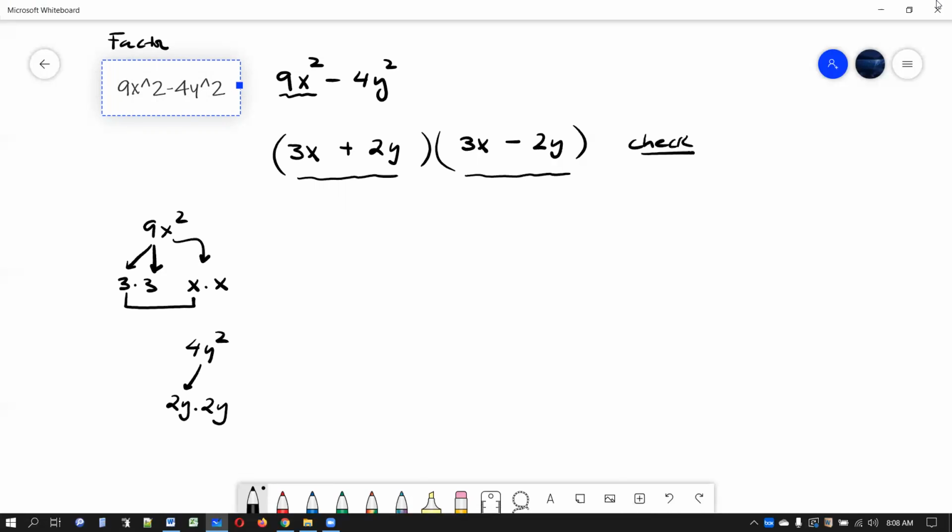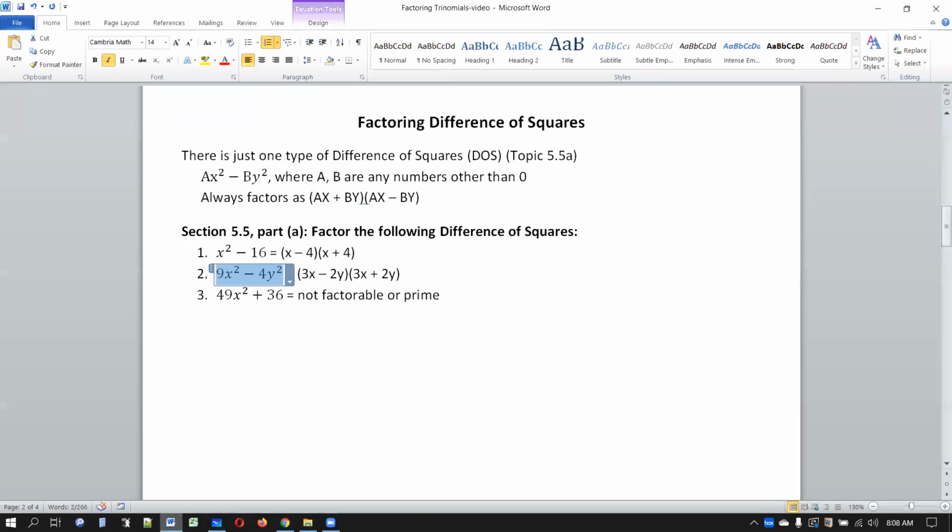I am not going to check it here now, but you can check that this product is exactly equal to that by foiling, right? You can foil and you will get the exact same answer as before. Okay, so difference of squares again. It's very quick and it's very hard to make a mistake on these problems.